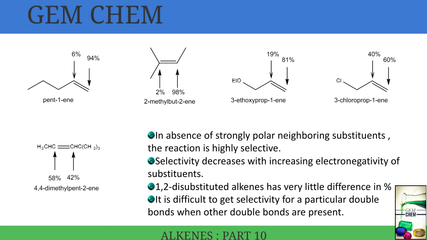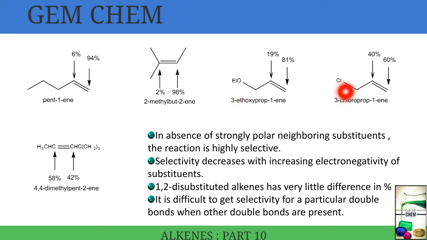Now if we look carefully, we see that there is dominance of the terminal alkene carbon to be boronated, that is 94%. Similarly in this case 98%, where there is less steric crowding. But in this case, if we observe, the preference is increasing for this part when OEt is present.